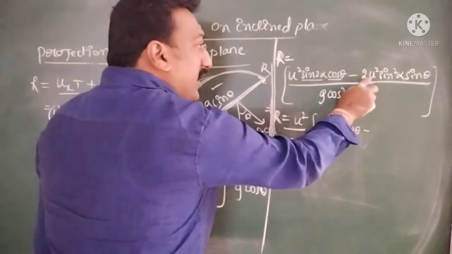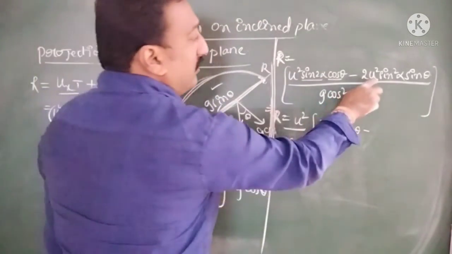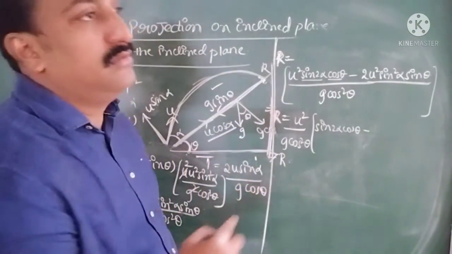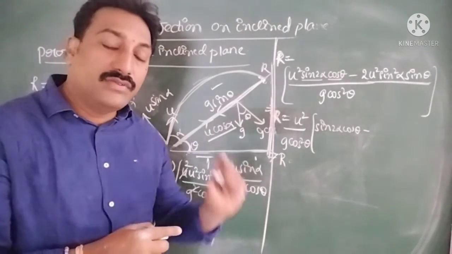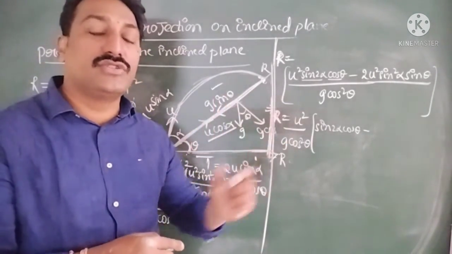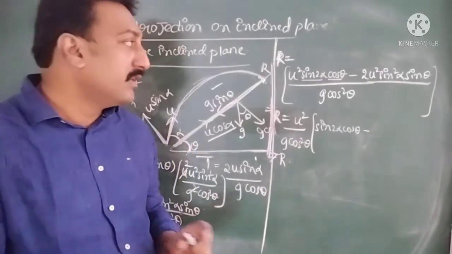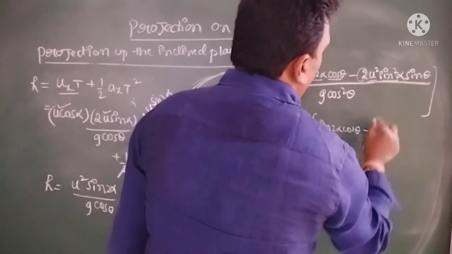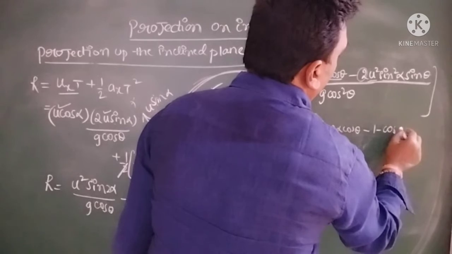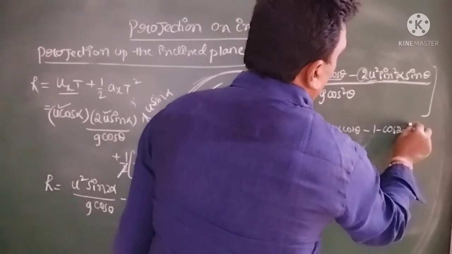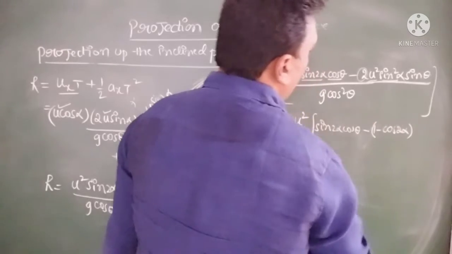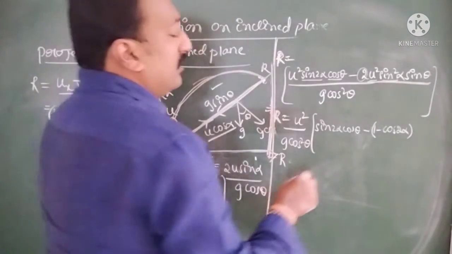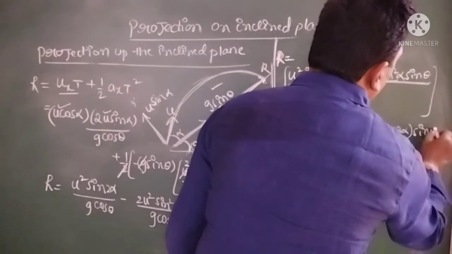Since I have already taken u square as common, tell me, how can I write 2 sin square alpha? 2 sin square alpha can be written as 1 minus cos 2 alpha. That's the value of 2 sin square alpha, followed by sin theta.